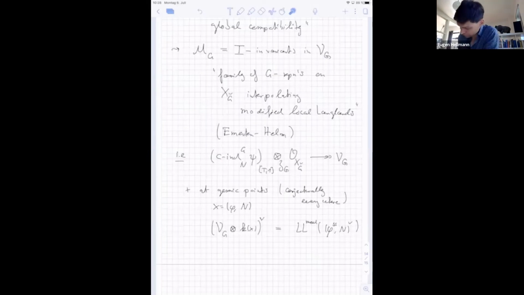Okay, and if you know this Langlands classification a little bit, then you know that this modified Langlands correspondence has a property that the true Langlands correspondence is a quotient, but it also has a unique sub-object which is a generic representation. And generic always means that it's a quotient of something like this.